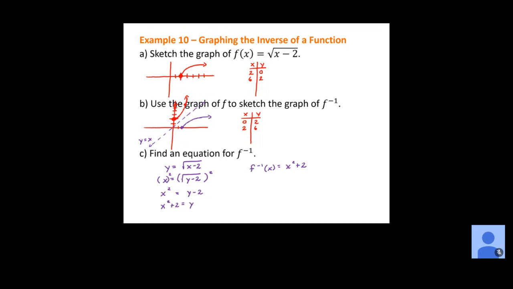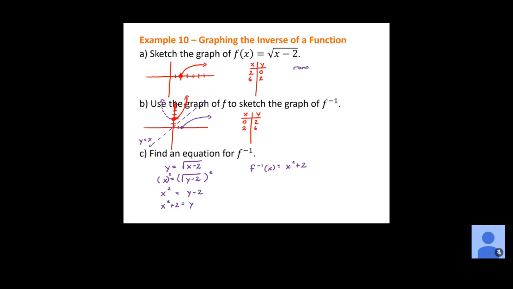Now, what would x squared plus 2 actually look like? It would be a parabola, right? And it would be shifted up 2 units. So basically, we would end up with this graph, right? That looks like an entire parabola. The problem is we know that our range is restricted for the original graph.